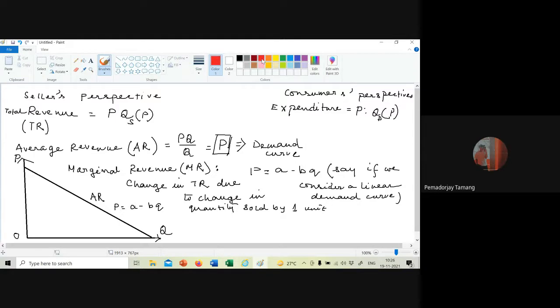If this is the definition of marginal revenue, change in total revenue due to change in quantity by 1 unit, can we write marginal revenue in this way, dTR by dQ? Is it okay? Yes, ma'am. So we write MR as dTR by dQ.